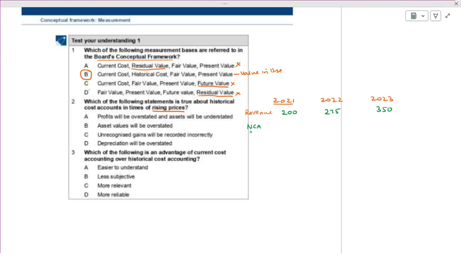Is it right? Now, non-current asset. The asset is the same. Prices are increasing. Is it the same asset? What will happen? Assume the asset is 400. I'm taking an example. The same asset you are purchasing for 500. The same asset you are purchasing for 600.